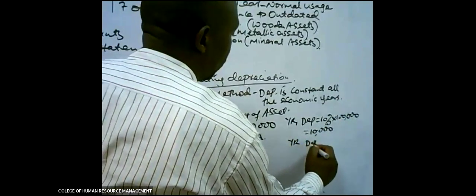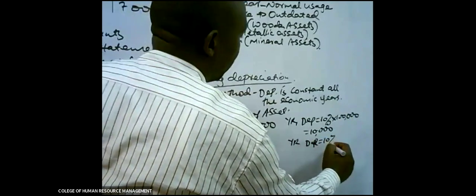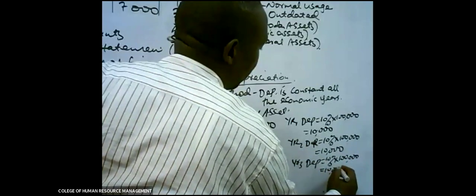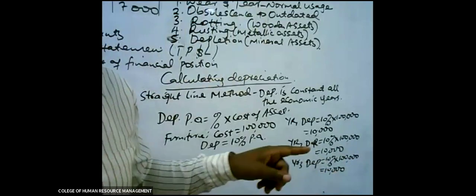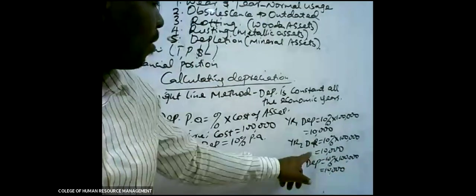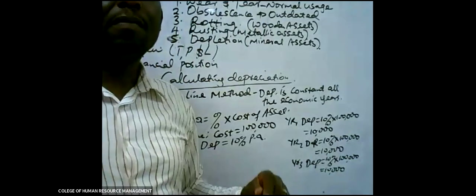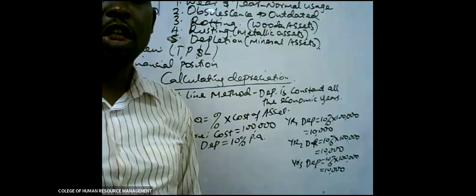When I go to year 2, my depreciation will be 10% times 100,000 again, which is 10,000. Year 3, depreciation will be 10% times 100,000, which still will be 10,000. So you can see every year, because we are using the percentage and the same cost, the depreciation amount will not change.